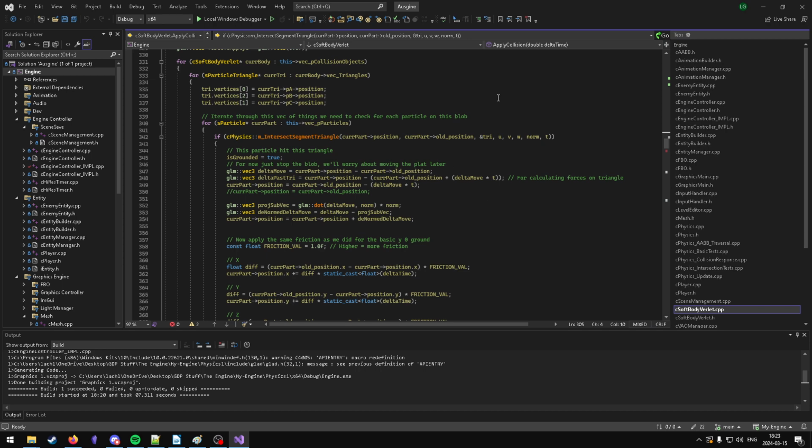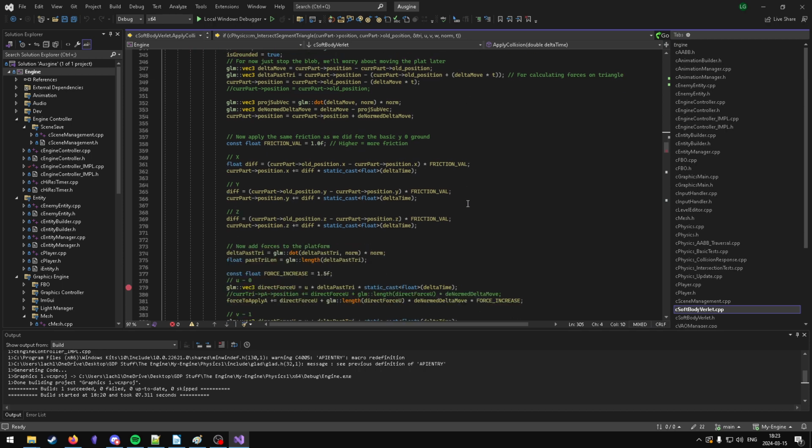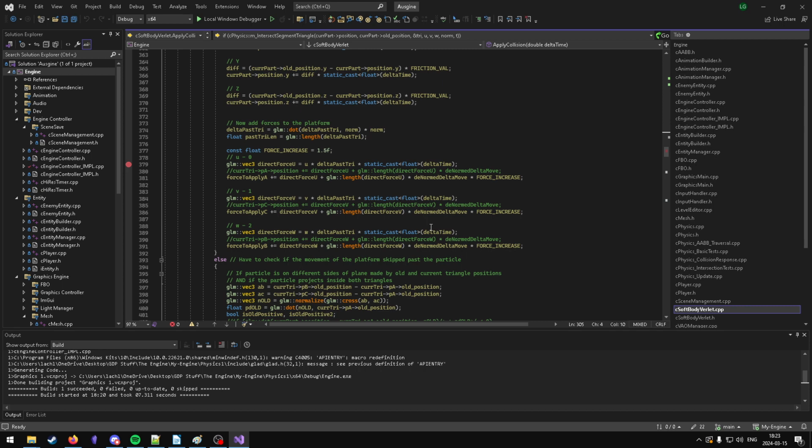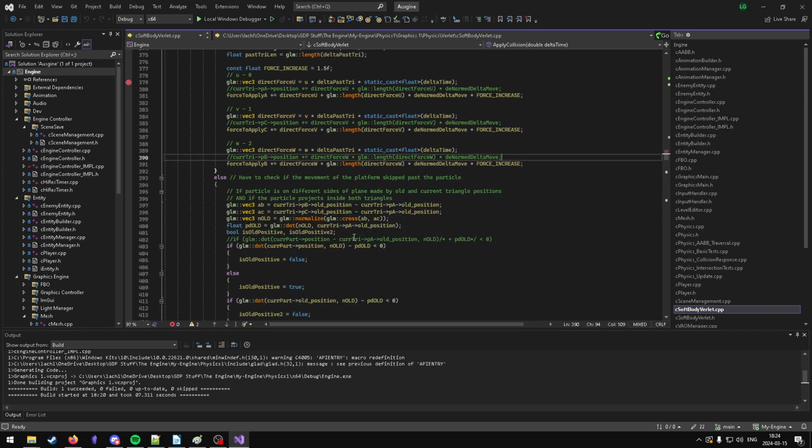So I detect particles that go past that plane. If one does, I get where it goes past the plane, so I have the u, v, and barycentric coordinates of the triangle, and I can apply a proper force distributed among the three vertices of that triangle.